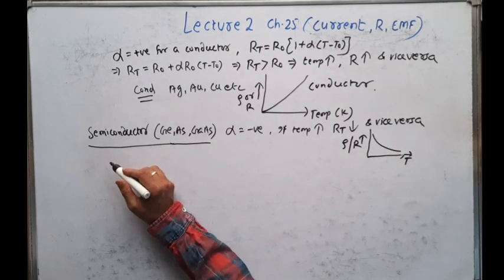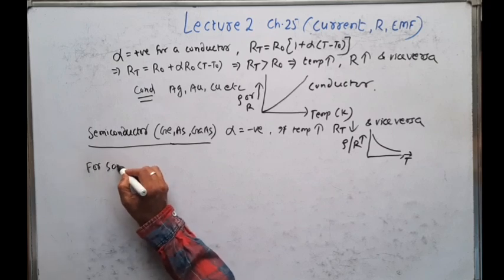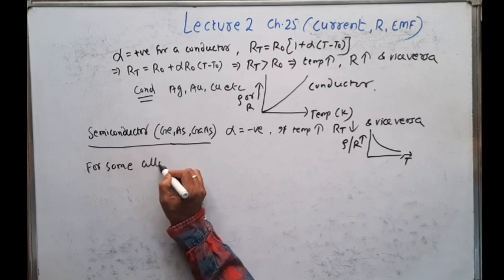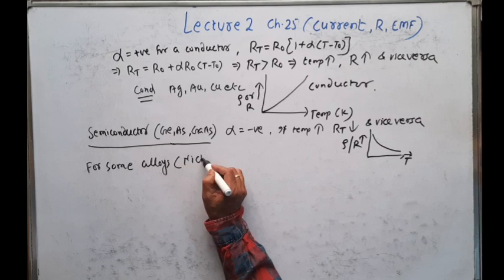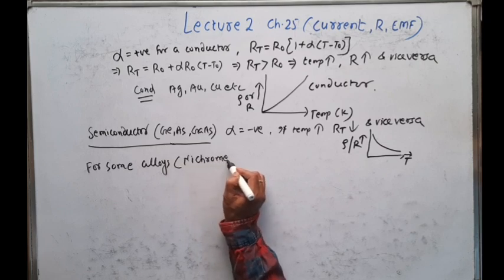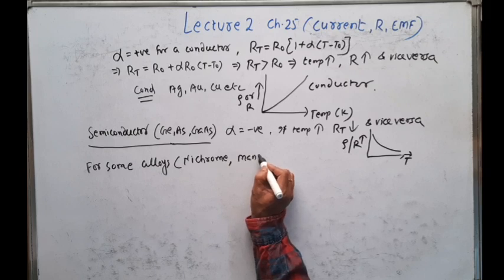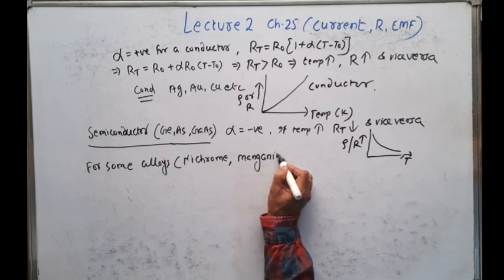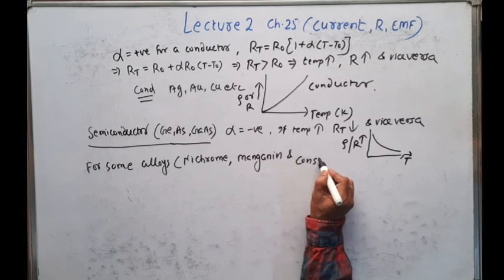Then another case is some alloys like nichrome, manganese, and constantan.